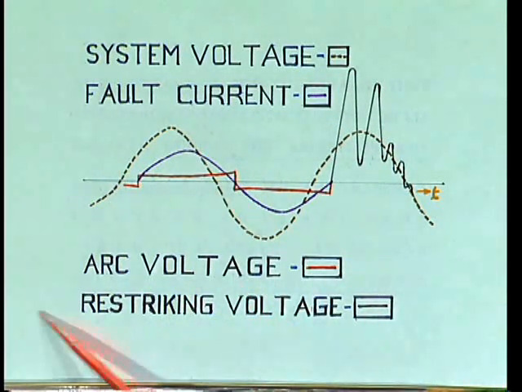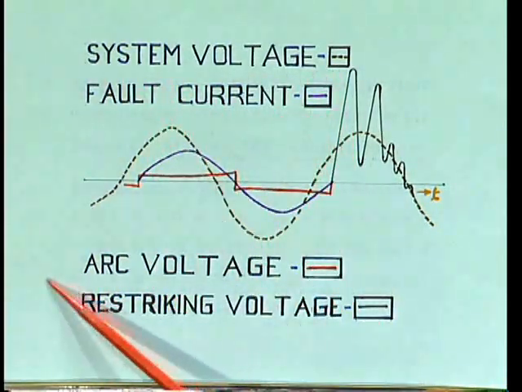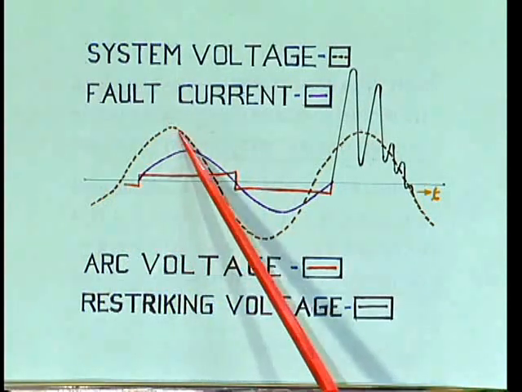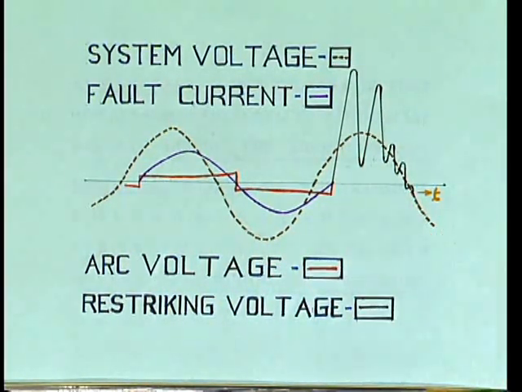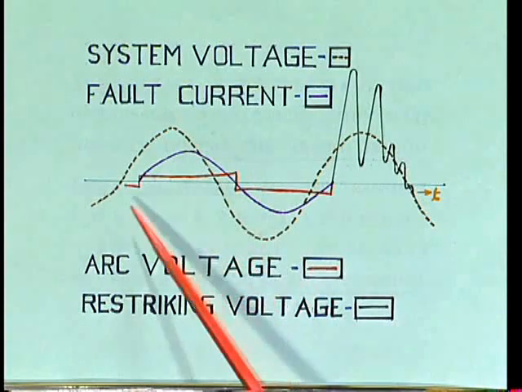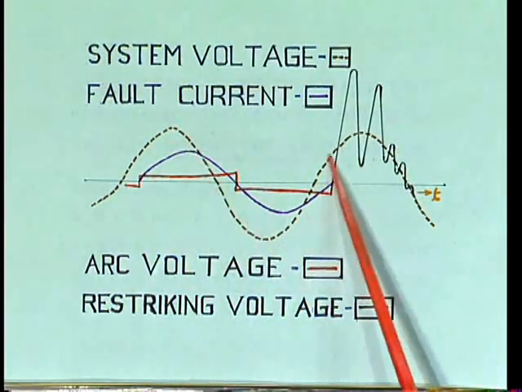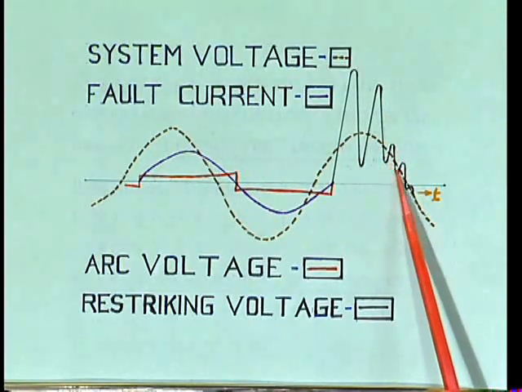Next one is system voltage or recovery voltage. The recovery voltage is like this. This is the voltage that appears across the contacts of the circuit breaker after final arc extinction. Here some oscillations are there due to the restriking voltage.